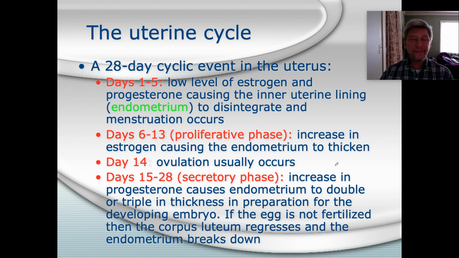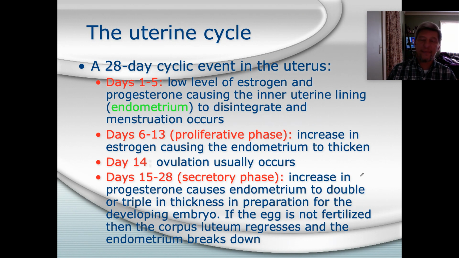From day 15 through day 28, we enter the secretory phase. And in this case, the corpus luteum is producing progesterone. And that causes the endometrium to double and triple and maybe even quadruple in thickness in preparation for the developing embryo, assuming fertilization has occurred.